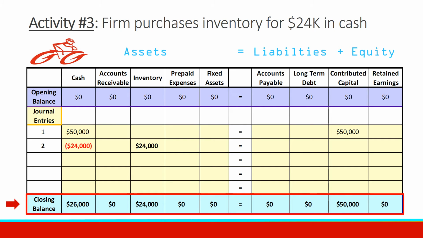We can now look over at the inventory column and see that inventory has increased to $24,000. We now still have a balance sheet that is in balance. There are $50,000 in assets, 26 of cash and 24 of inventory, and $50,000 on the other side of contributed capital.